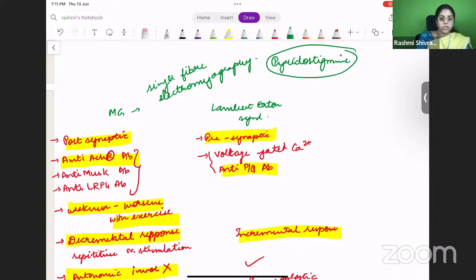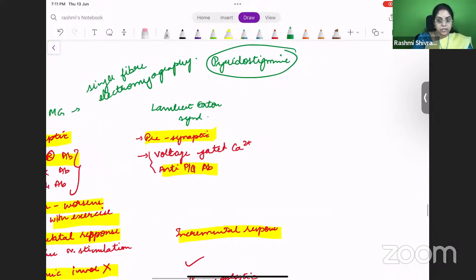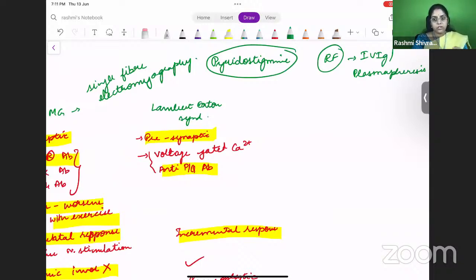When the patient is having a myasthenic crisis like respiratory failure and is intubated, you have to give IVIG or do plasmapheresis, to take out the antibodies.